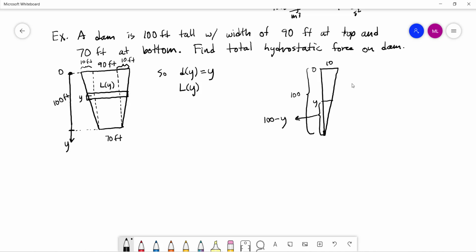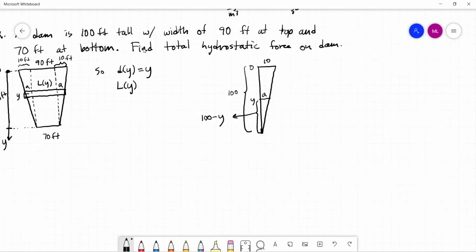And here is this little extra bit, we can call it A in both pieces, and basically the total cross-sectional length is going to be 70 feet plus 2 of these little pieces of A. So we just need to figure out what A is. Using similar triangles, I know that 10 is to 100, the horizontal distance to the vertical distance, as A is to this distance, which is 100 minus y.